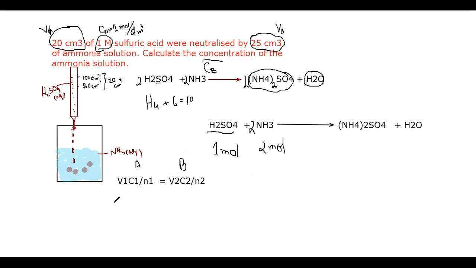The value of V1 is 20 cubic centimeter. I'm not converting the cubic centimeter into dm cube. Why? I'm just going to give the value here. And what is the concentration of sulfuric acid on the left hand side? That is 1 M, means 1 mole per dm cube.